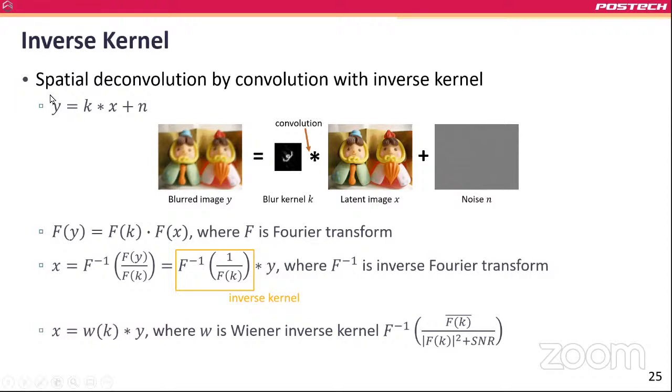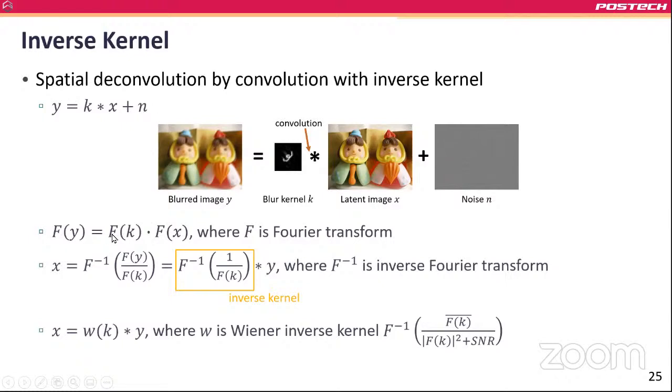This is a typical blur equation. This is the blurry image, this is the kernel, this is the sharp image, and this is noise, right? Here we usually use convolution for modeling the blurring. Then when we apply the Fourier transform to both sides, we get this, ignoring the noise part.